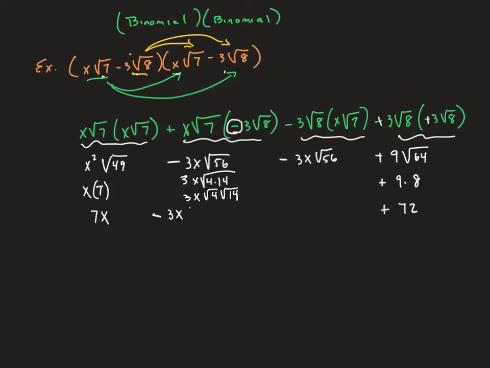So that is going to be 3x times 2 times the square root of 14. And then the next one should be the same, right? Because these two terms are the same. So I get a negative, and I'm going to go ahead and just do some combining right now. That is going to be 6x square root of 14. And I can go ahead and fix this one up: 6x square root of 14.